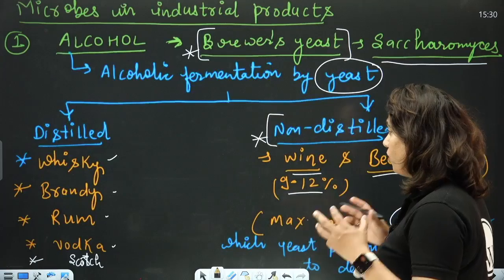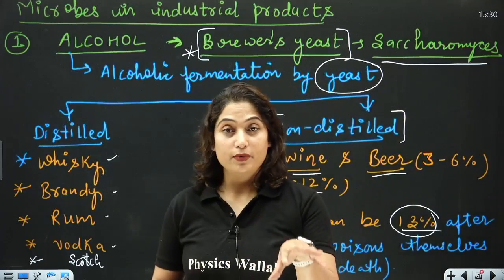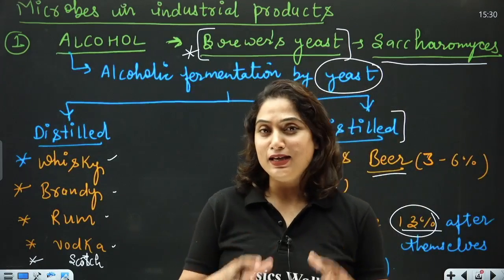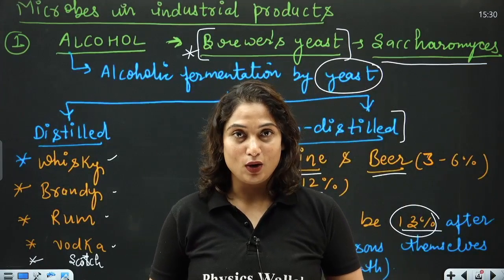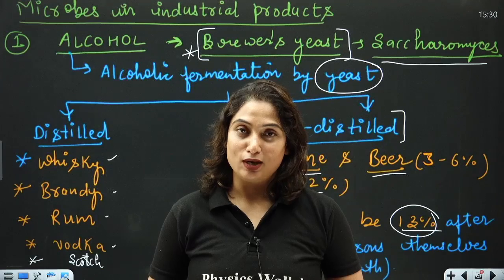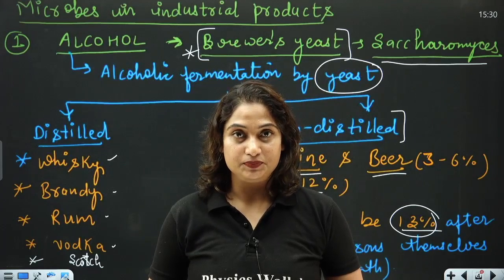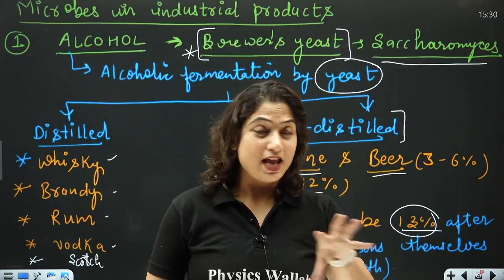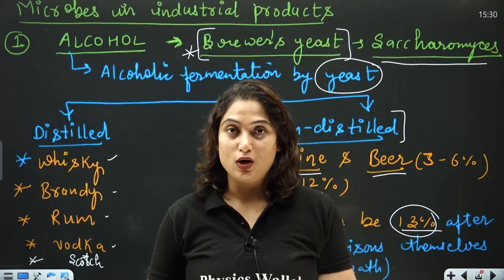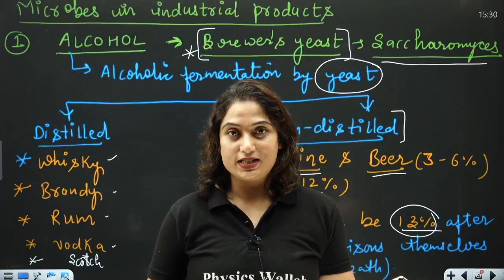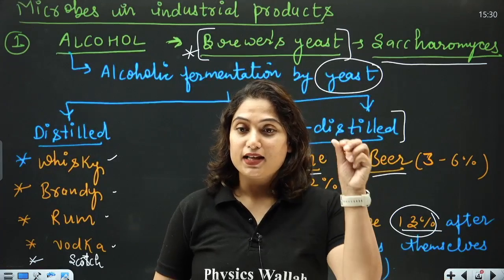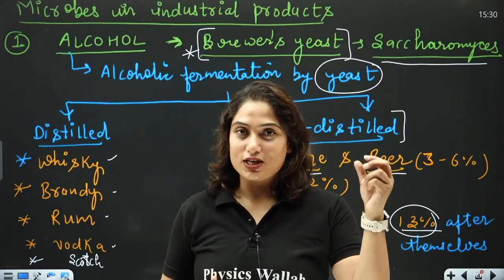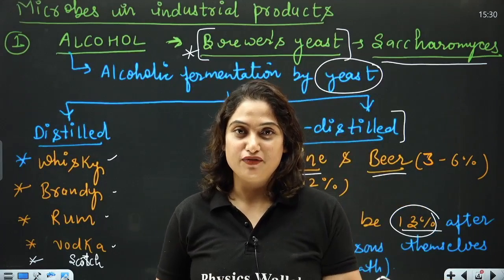So now what is important here, if you remember respiration in plants, there is a line given that the maximum concentration of alcohol in naturally formed alcohol can be 13%, right? The naturally made alcohols are the alcohols which are non-distilled alcohols. Non-distilled alcohols, that means the naturally present content of alcohol in the beverage.